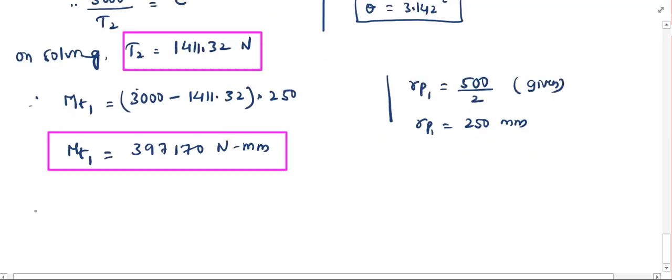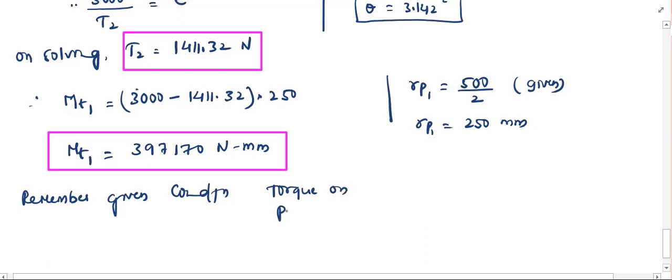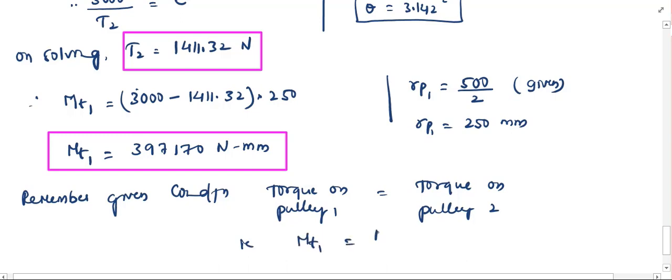Remember, the given condition is that the torque on the first pulley is equal to the torque on the second pulley. That is, MT1 is equal to MT2, which is equal to 397170 Newton mm.